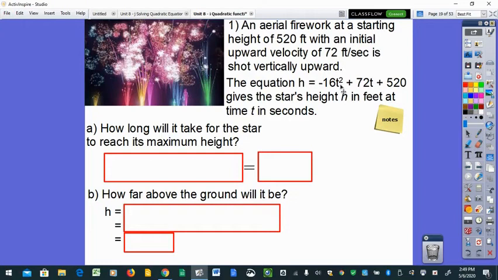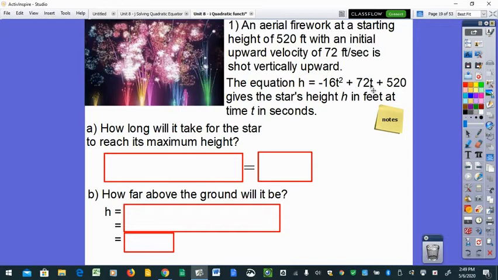Now I'm going to give you the equation right here. Not too long in the future, we will be able to write this ourselves, but I want you just to notice some things. The t is going to represent how much time in seconds goes by, and the h is going to represent how high the firework is in feet.